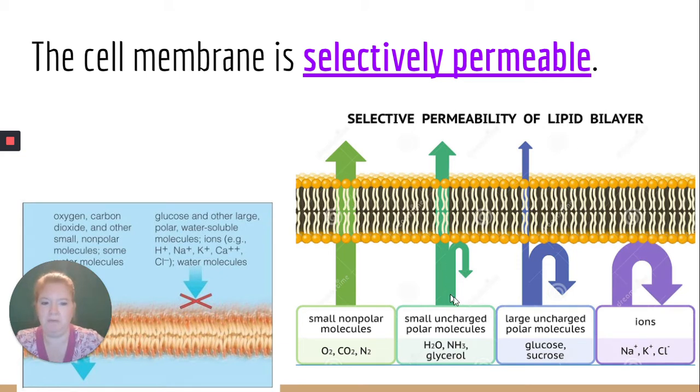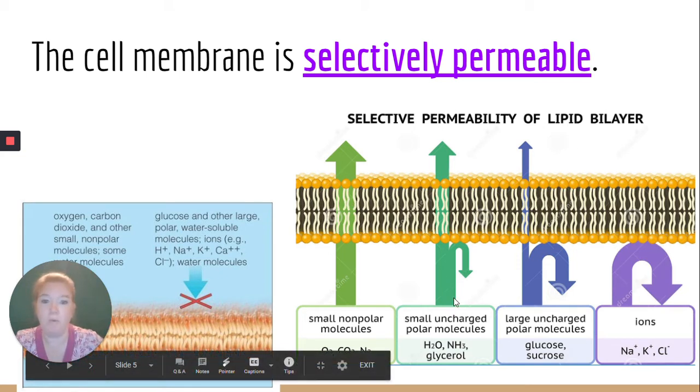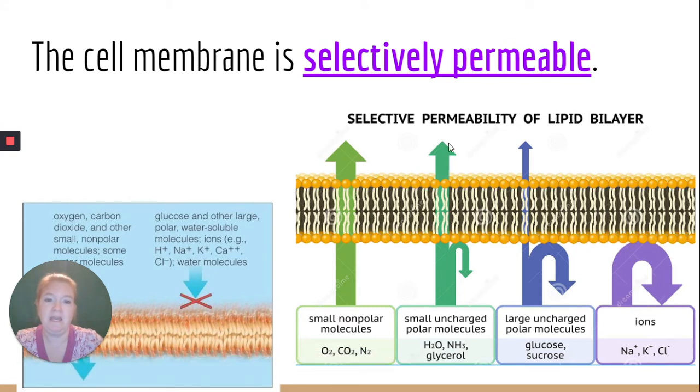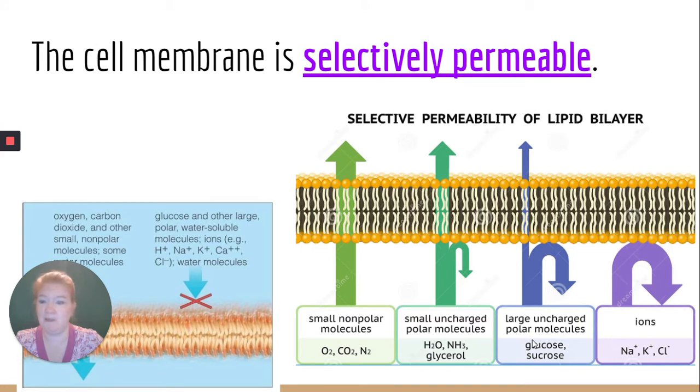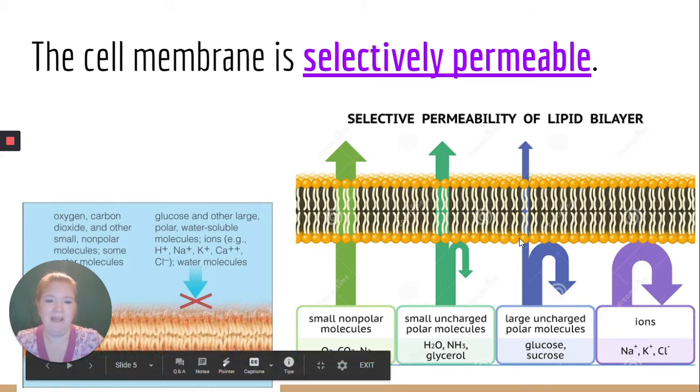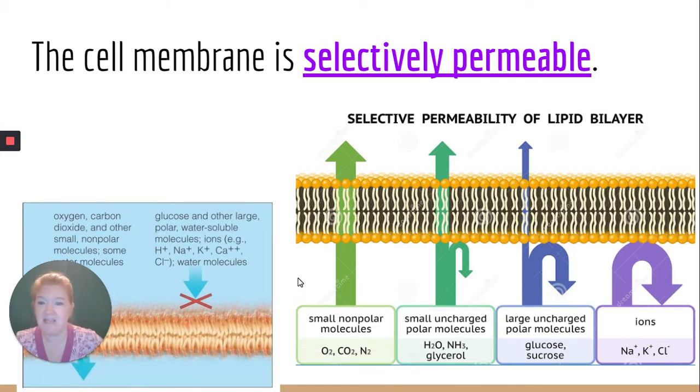Other molecules that are small, like water, for example, can get in pretty easily, can cross through the membrane, but sometimes it's hard for them. Then we have bigger molecules like glucose, which in terms of molecules is still a pretty small one. It can only get through sometimes, and most of the time it's too big. And then we have ions and anything else that's larger, which simply just can't get through that cell membrane.